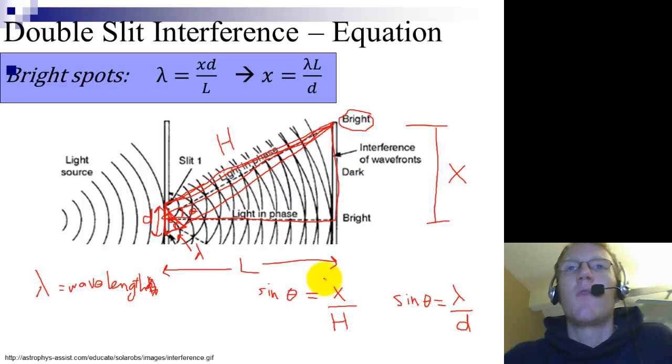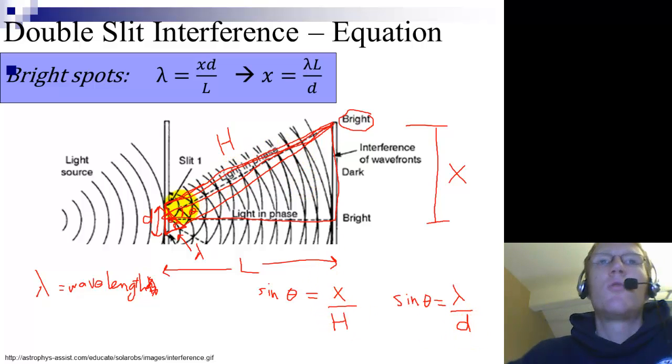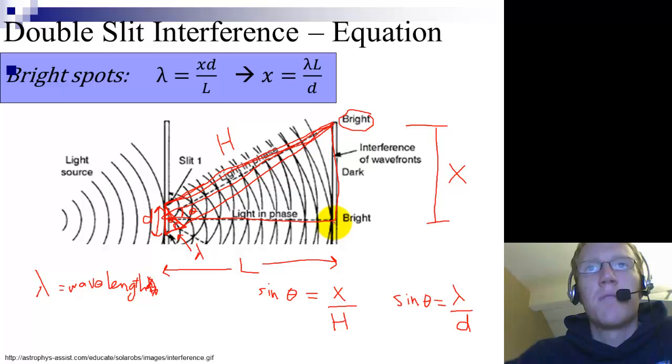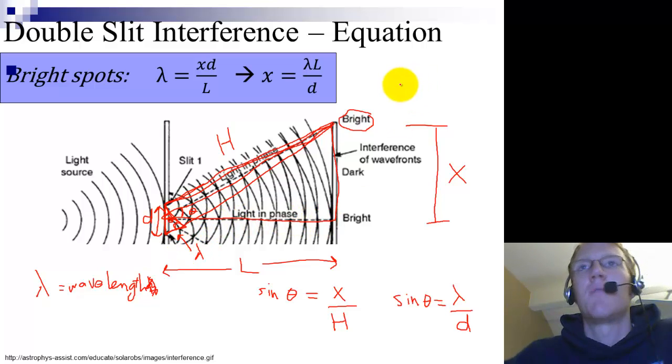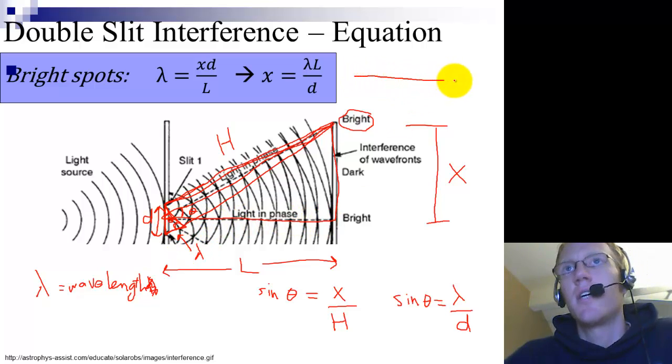Okay, and now we can make an approximation, assuming that the wall here is much farther away from the slits than the height of this distance, then this hypotenuse and this length here are almost the same. So let me draw it to scale. To scale, the bright spot is going to be like right here. So if this is our right angle, then this is our hypotenuse.